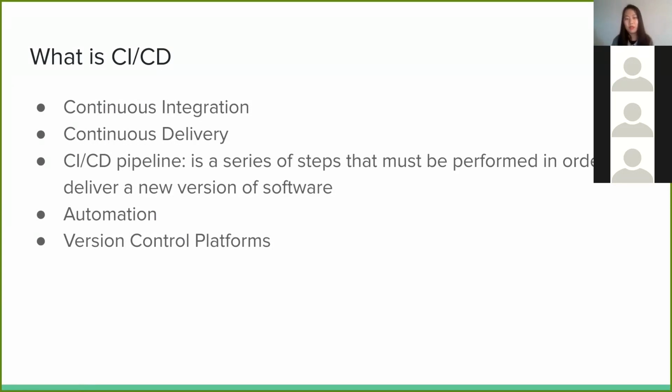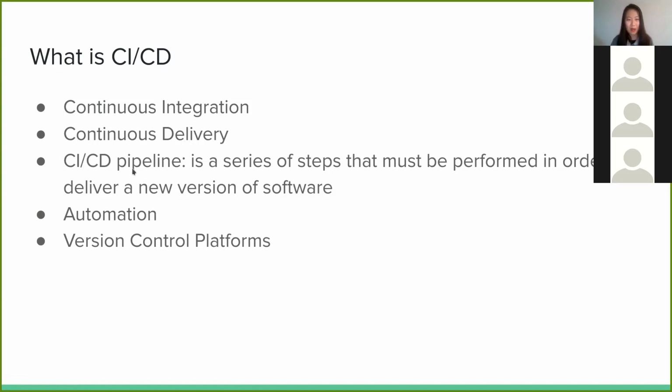And continuous delivery means, probably you have your product and some server hosts your product. Whenever you make some change to your code, you want to deploy that to your server. But the way you do it is not to push your code to the repo and then switch to your server, and on your server, git pull your new change and then compile and build and run again. You want everything to be automatic, right? So yeah, that's continuous delivery.